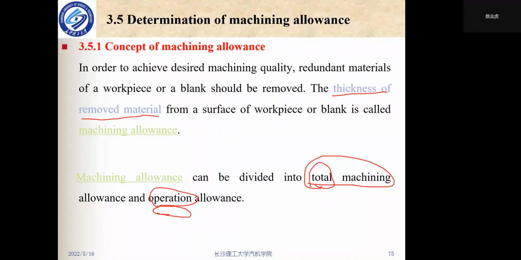So what is the relationship between total machining allowance and operation allowance?